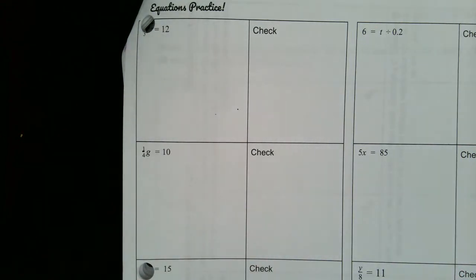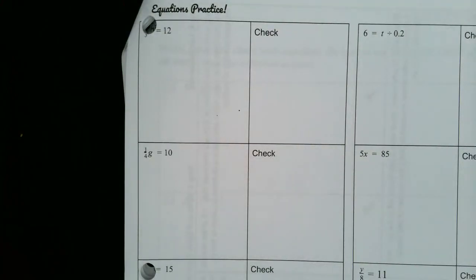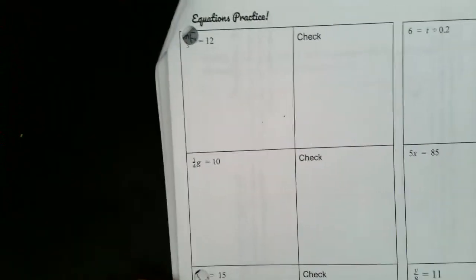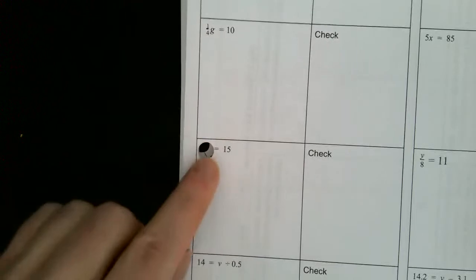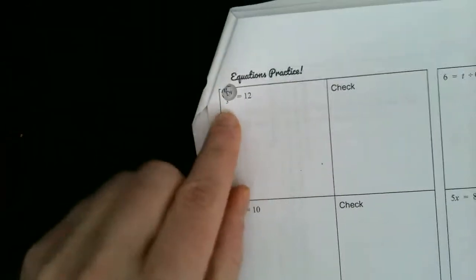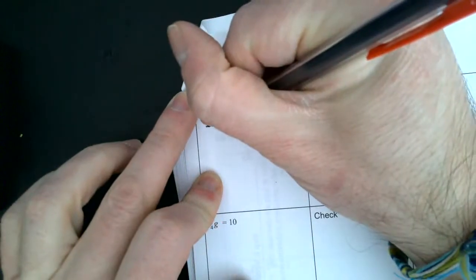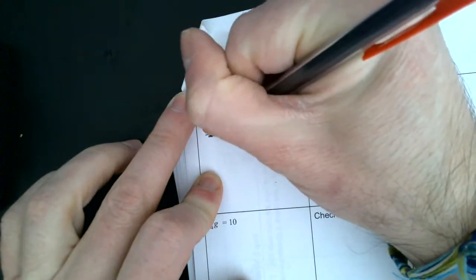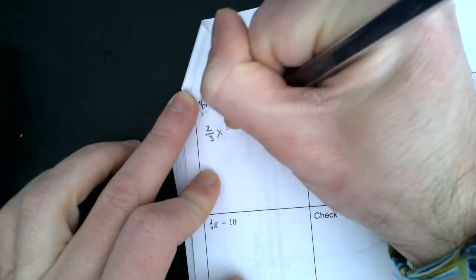Some of these I'll do with you, and some of them I want you to try on your own, okay? I know that a couple of these are cut off, like this one you can't see, and this one as well. So we're going to write those first. The first problem up here is going to be 2/3 x equals 12.